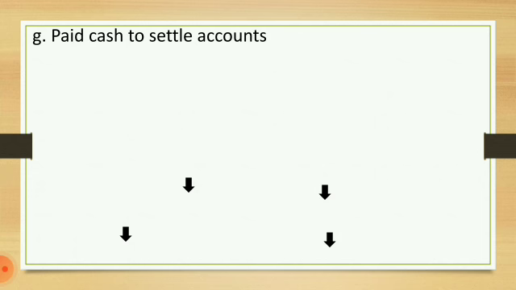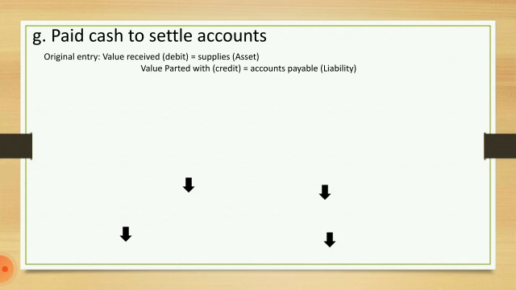Now another transaction, paid cash to settle accounts. So this has something to do with when you purchased something and then you did not pay cash. So for the original entry, this is for the supplies. For the value received, originally you received the supplies. And for the value parted with, which is your credit, that's your accounts payable.